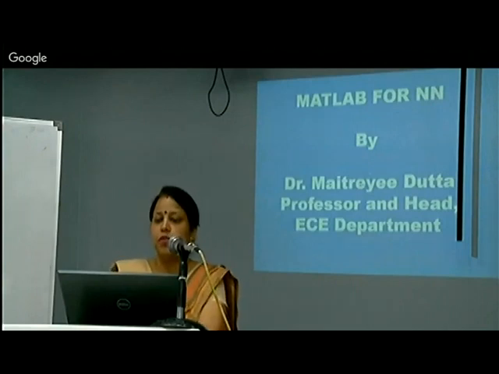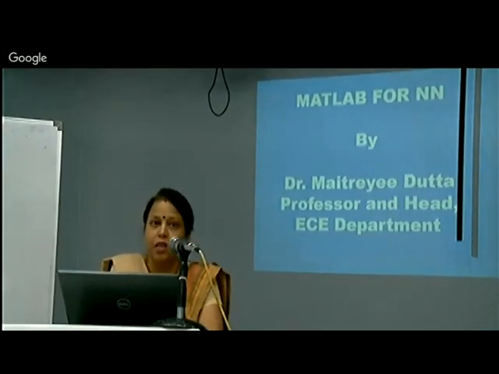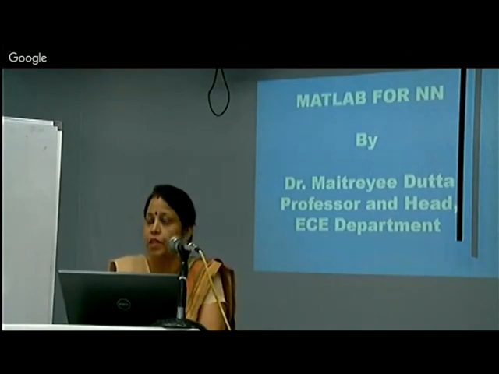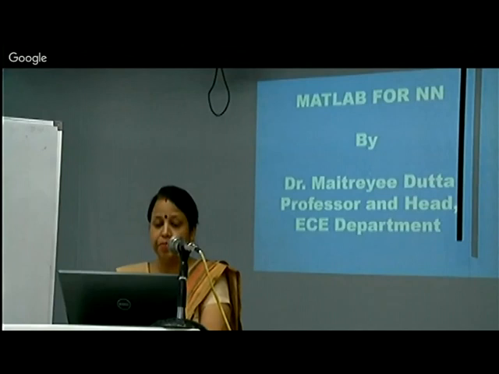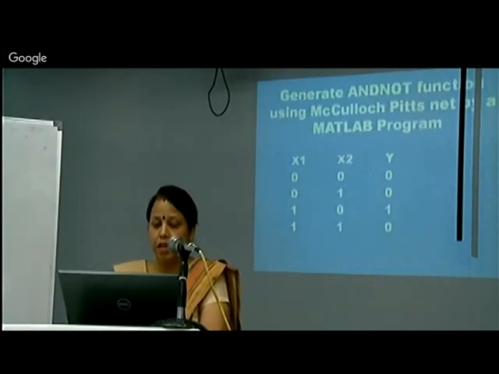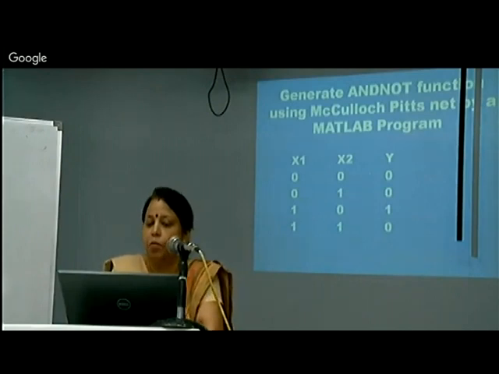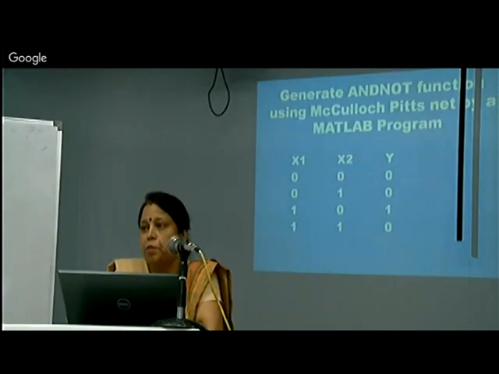So let us do some Matlab programming, the simulation of some problems with the help of Matlab programming. Let us do one thing, that is your Matlab model with the NOT function using a Matlab program.